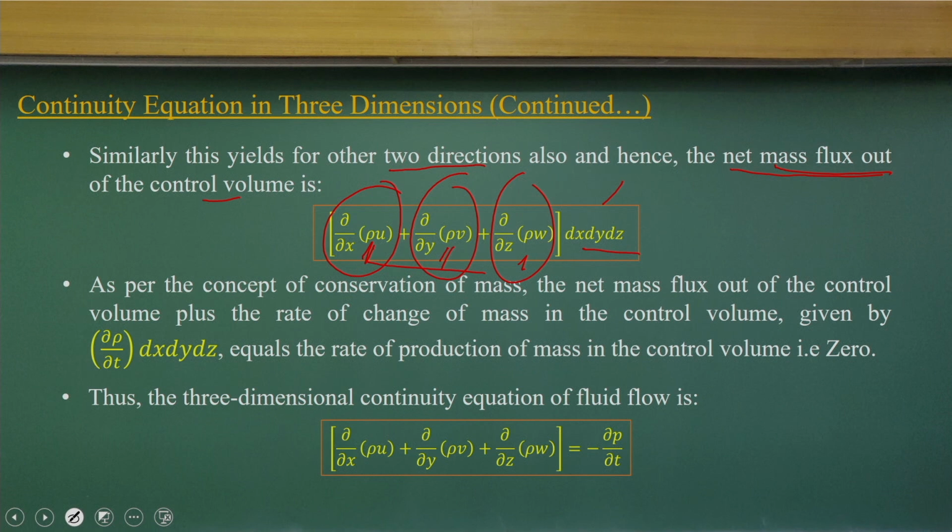Based on the mass conservation equation, the net mass outflux from the control volume plus the net change of mass within it must be 0.